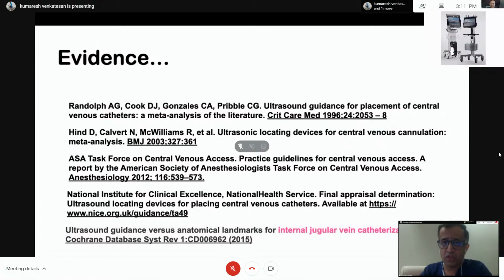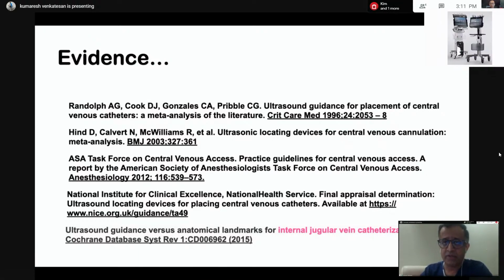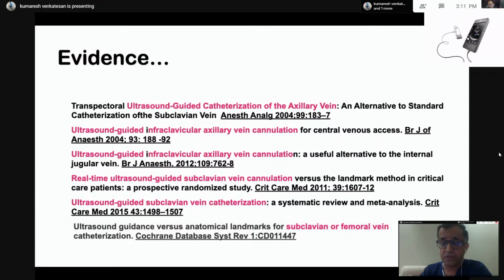But as we clinicians became more familiar and the equipment and technology improved, we stretched our boundaries and started using it for other central venous cannulation procedures as well. And now it's recommended for all central venous cannulation procedures.